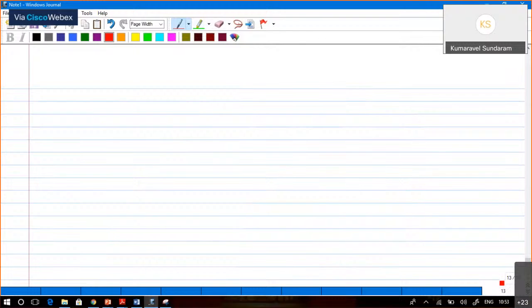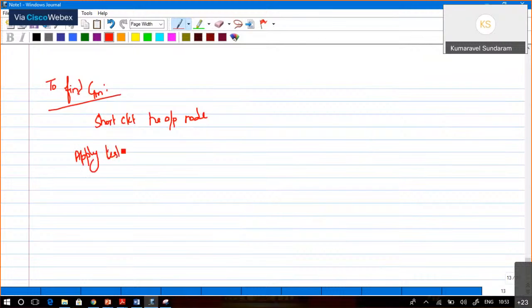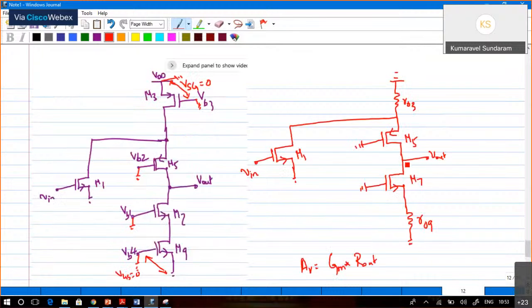So to find GM, short circuit the output node, apply test signal at the input. Okay, at the input. So if you see here, we have to short this. We need to short this output node, right?